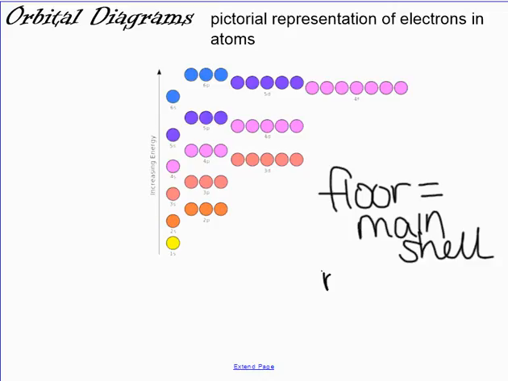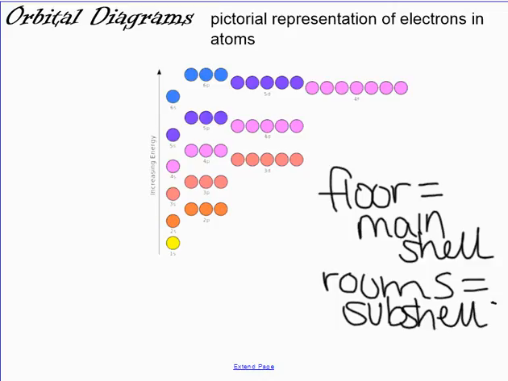The rooms on those floors are the subshells or sublevels. And so now the orbitals are like the beds in those rooms.